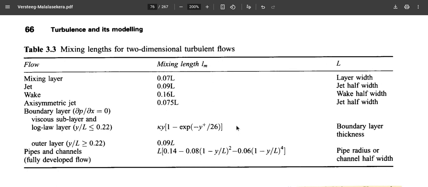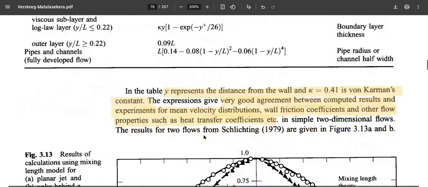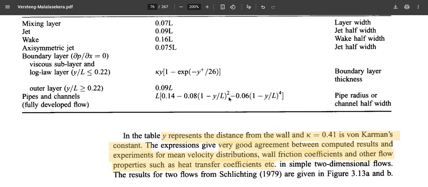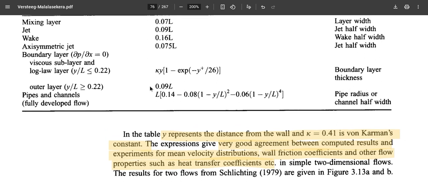These are thin layers appearing near the flow boundary, and here k is a common constant of 0.41, and y represents the distance from the wall. These are very thin regions where there are large flow gradients along the cross stream direction. Above that there will be a free stream. So these are the thin boundary layers that appear near the wall.